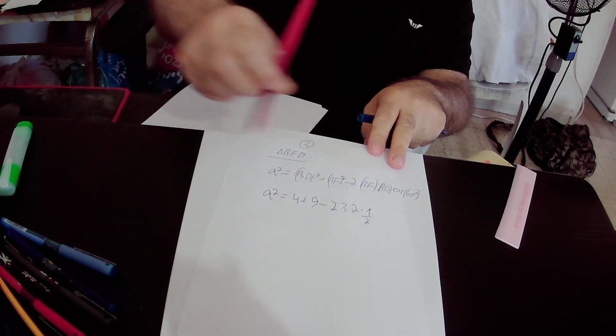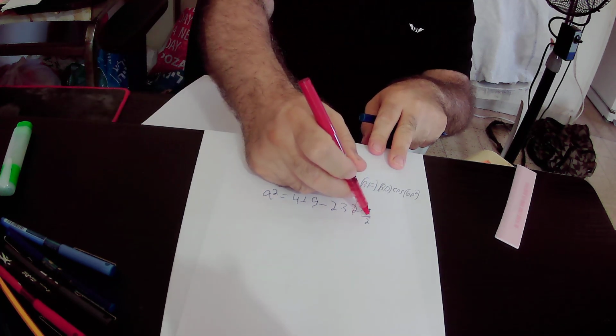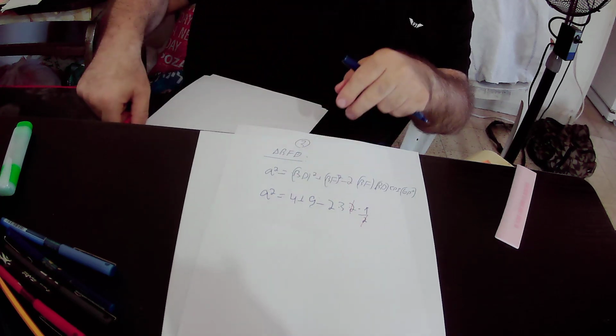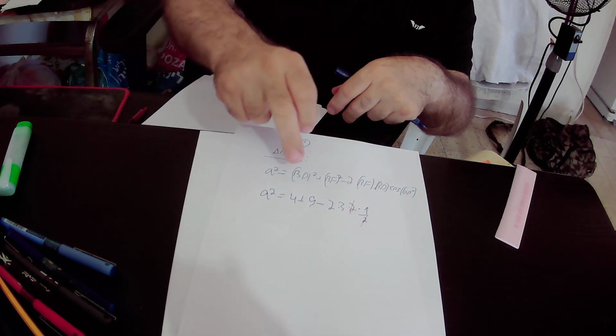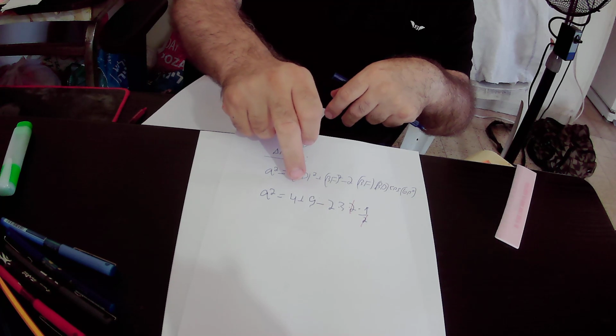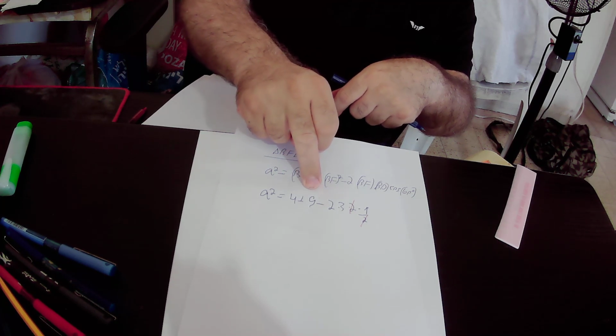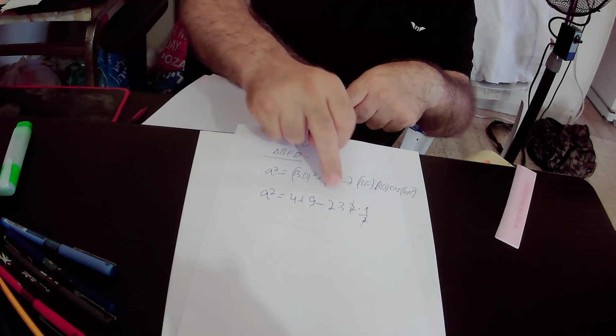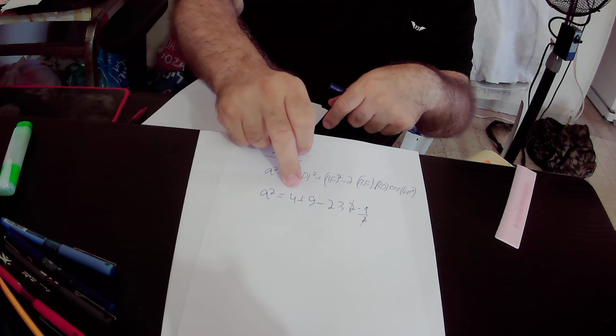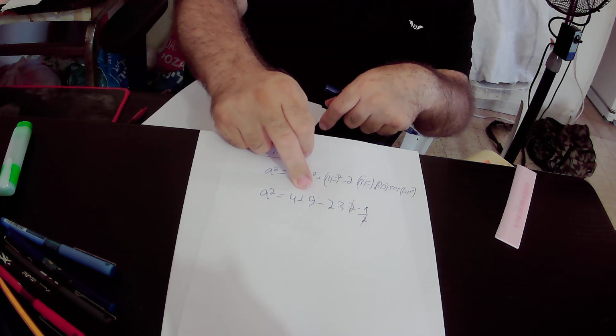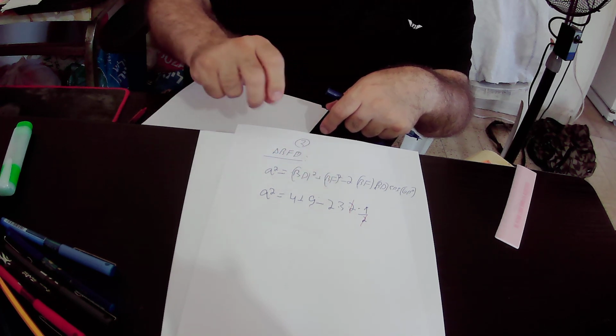2 over 2 is 1, so we can cancel 2, and what is left is a squared equals 4 plus 9 minus 2 times 3, which is 6. So 4 plus 9 is 13. 13 minus 6 is 7.